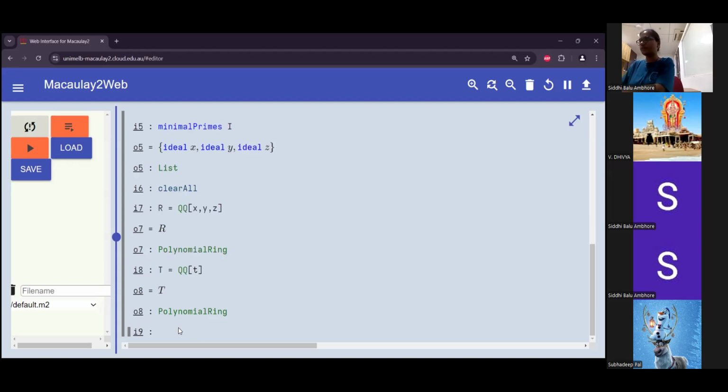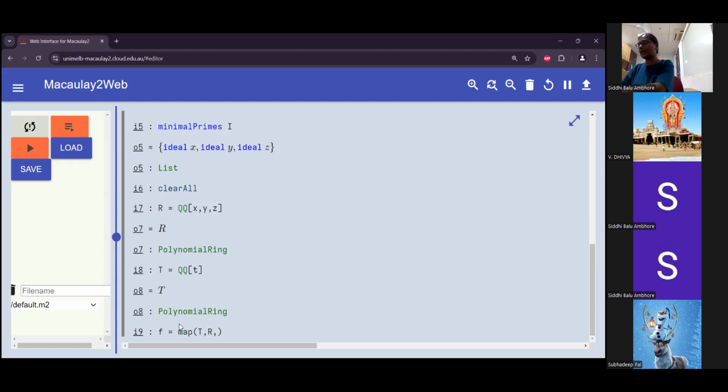Then my map F is, as I pointed out earlier also, that when we have to define a map from R to T in Macaulay2, we have to write it as a map from T to R. Okay, so it is like what we do in vector spaces. If we go from vector space M to N, our matrix is an N cross M matrix.